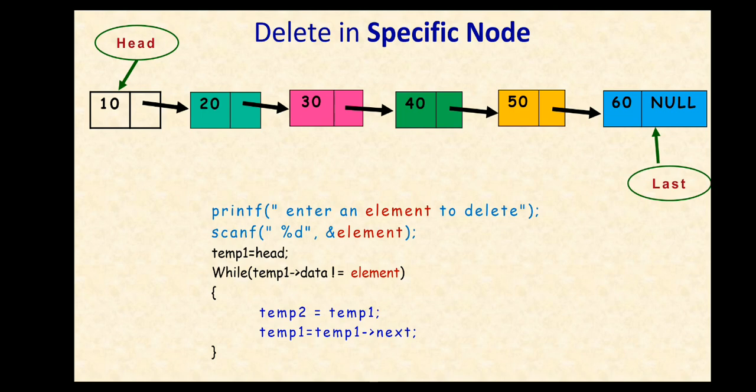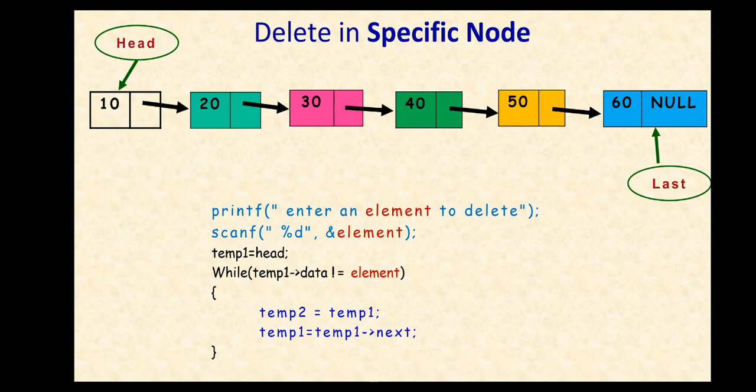Green color node. Now see, the same way as in the previous example, I am supposed to travel from head to the required node, that is the node which consists of 40. So I am taking 2 pointers here because I have to point to the target node as well as the previous node of the target node. That is why I took 2 pointers, temp1 and temp2.